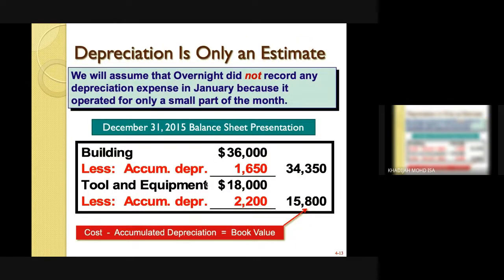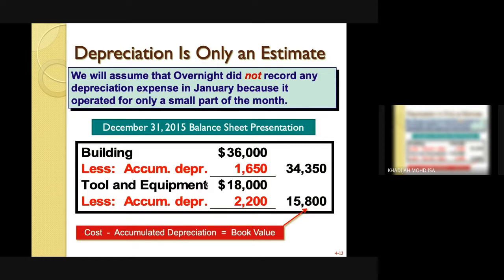Right, so how are we going to recognize the net book value? Building minus accumulated depreciation. So you have 36,000 as the value of the building when you first purchase, but over the period, you deduct your accumulated depreciation. In this case, the accumulated depreciation is 1,650, so 34,350 is what we call the net book value of the building.